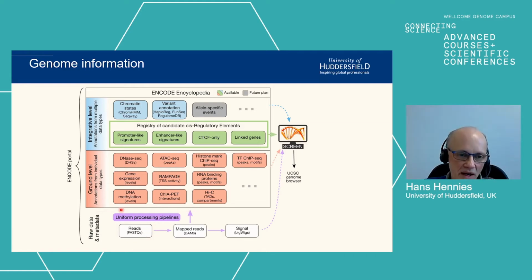Then they have the ground level of data where the different approaches identify various elements that are important for gene expression, and they have the integrative level where this information is then combined into the information about, for instance, cis regulatory elements and CTCF sites and other elements that are important for the expression of each single gene.